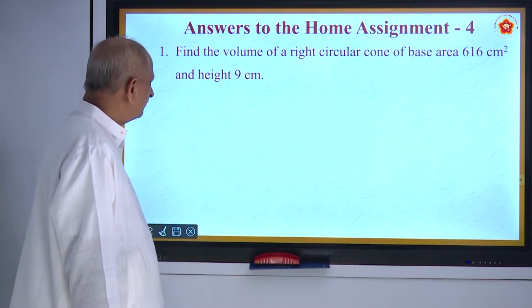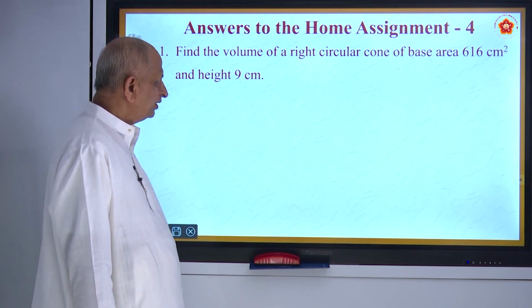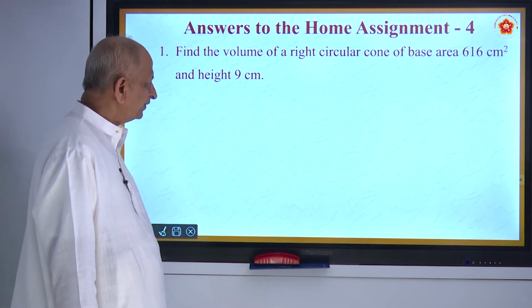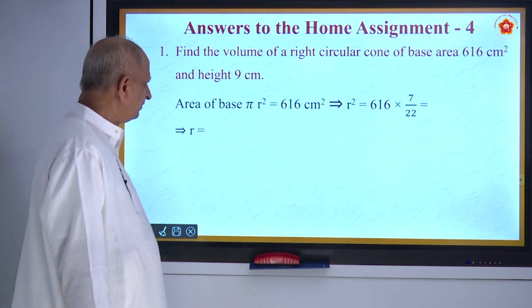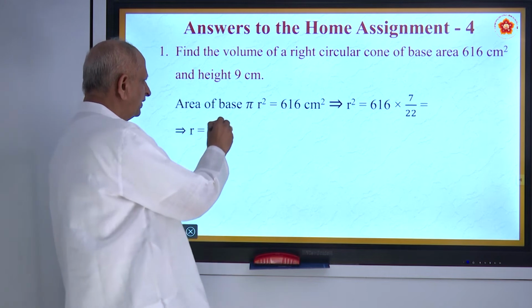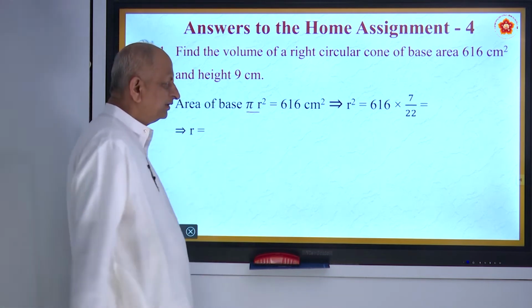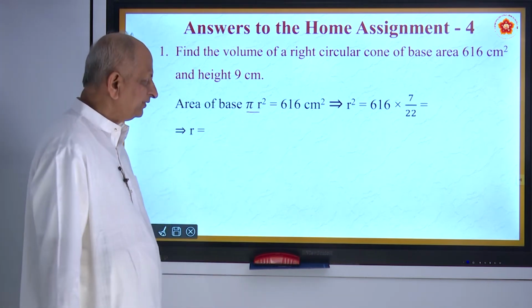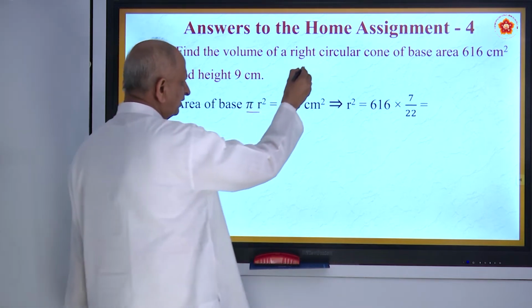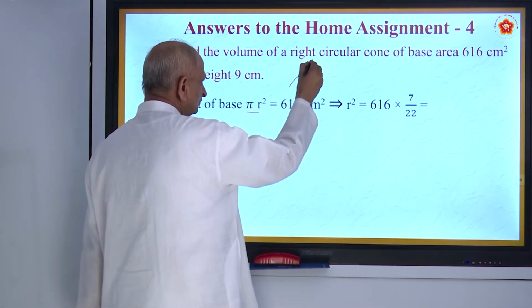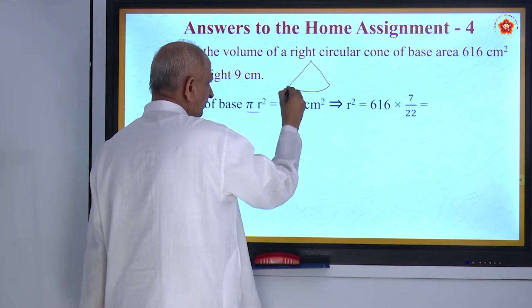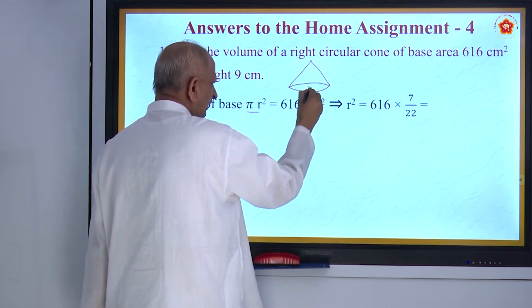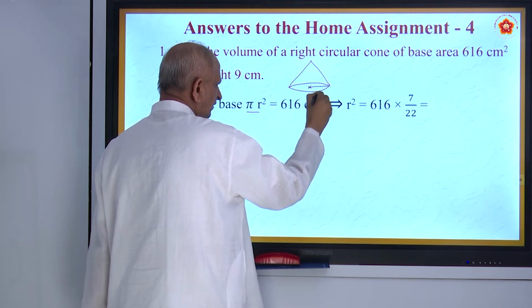First question: find the volume of a right circular cone of base area 616 square centimeter and height 9 centimeters. So what is the area of base? The cone has a base, it is a circle, and when you say circle, it has a radius.